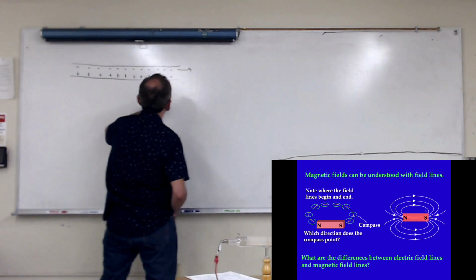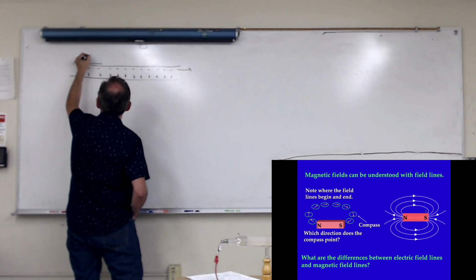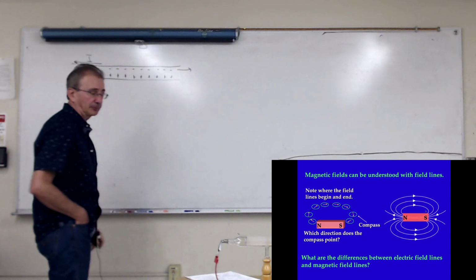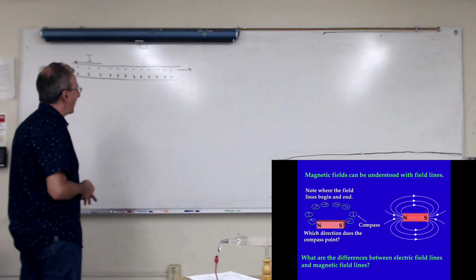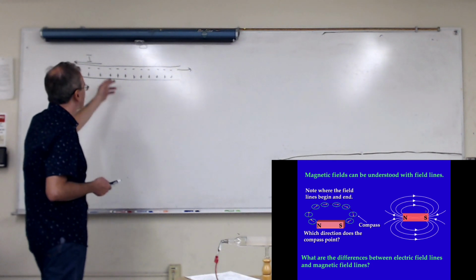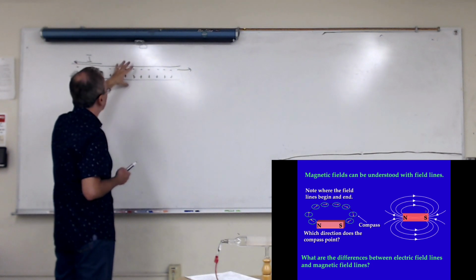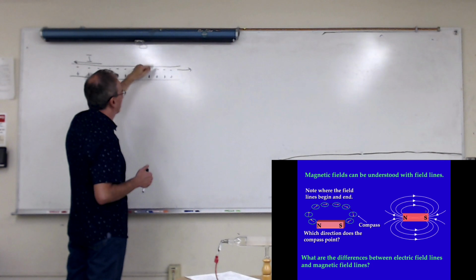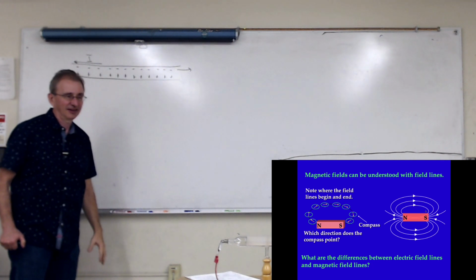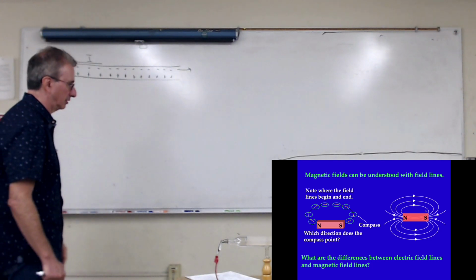Which means if the electrons are moving this way, the current is in the opposite direction. On average, these electrons are just drifting to the right. This is really not a good picture, because what the electrons are really doing is bouncing back and forth off the nuclei of the atoms in the material.